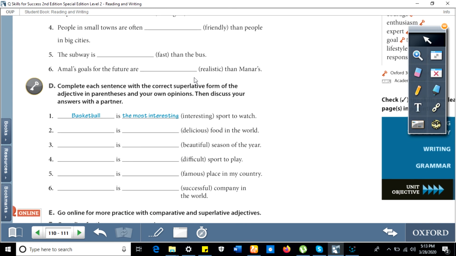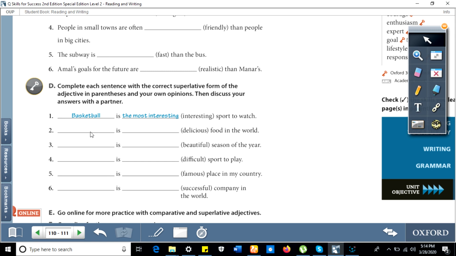And then complete each sentence with the correct superlative form of the adjective in parentheses and your own opinions. Then discuss. So that's what you have to do, like this one in parentheses, interesting. So basketball, the most interesting.